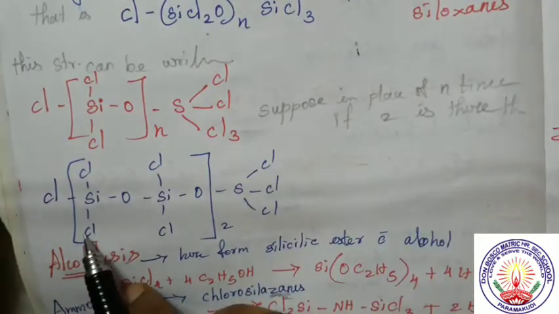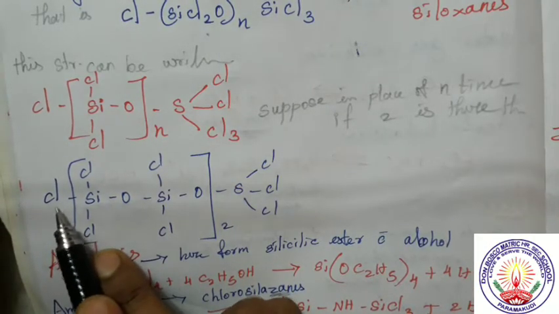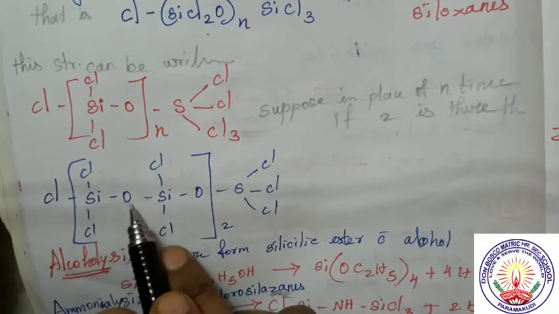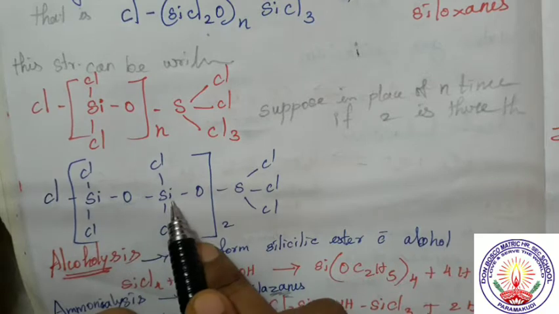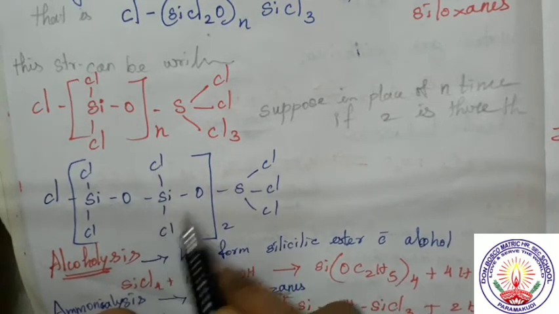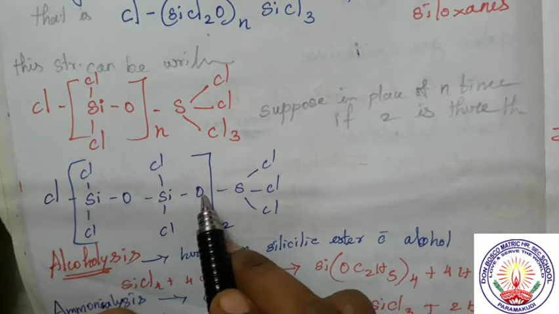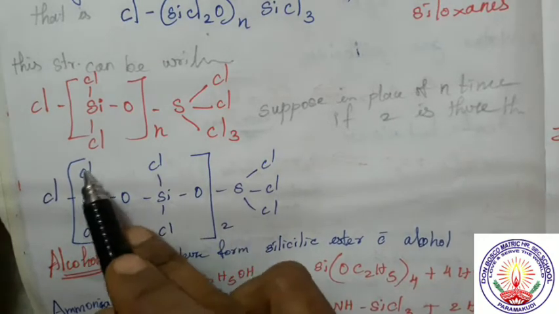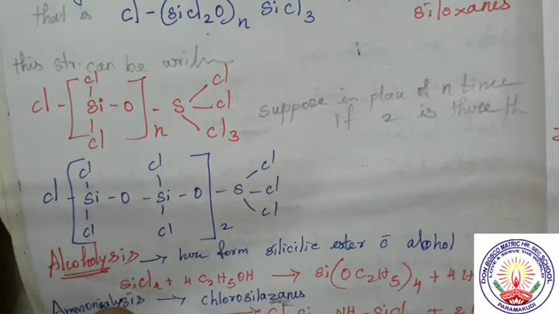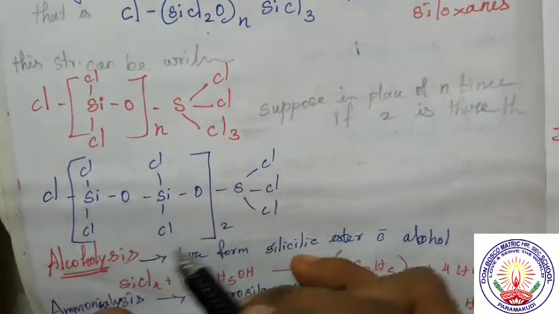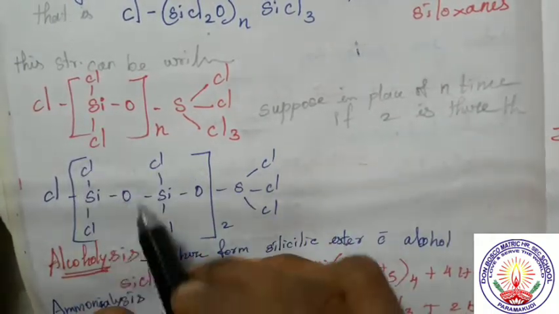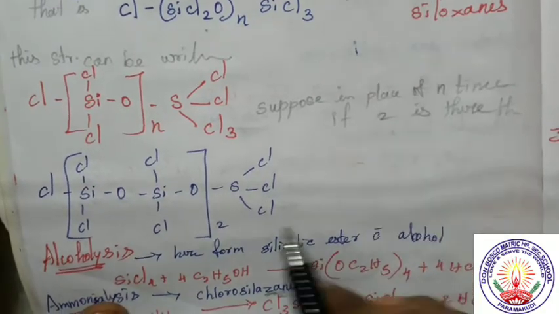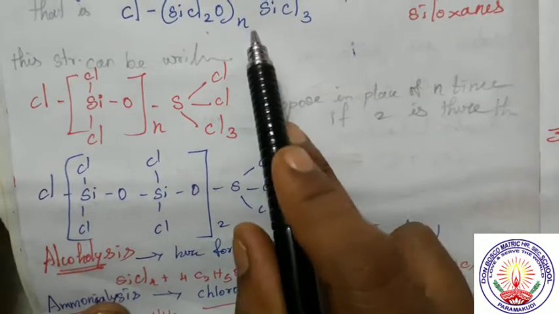Look at that: chloro, silicon, chlorine twice, silicon, oxygen, silicon, Cl2, oxygen. Suppose in place of n it is 3, this will be thrice. Now here one unit, here one unit, it keeps on increasing. So that is the n times here.